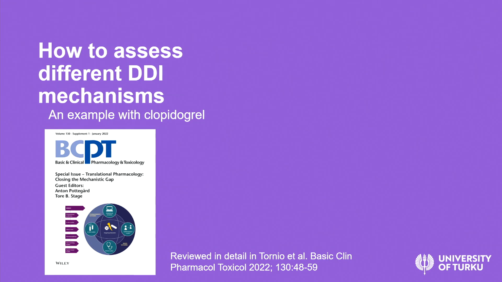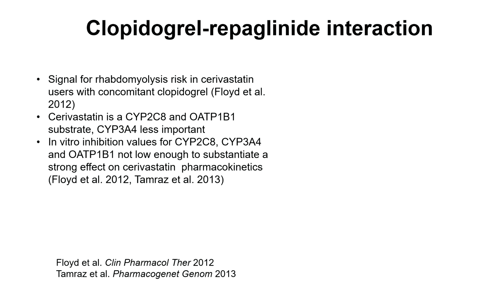Then moving on to another part, how to assess different DDI mechanisms. An example with clopidogrel. The story starts over 10 years ago when it was reported in an epidemiological study, increased risk for rhabdomyolysis in cerivastatin users with concomitant clopidogrel.